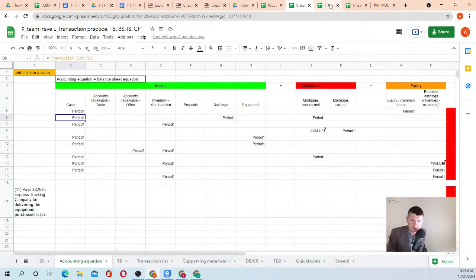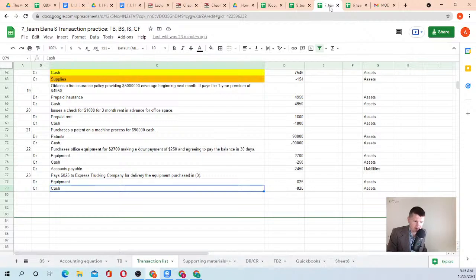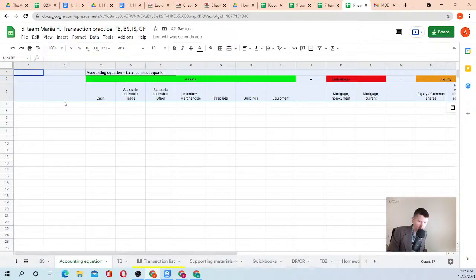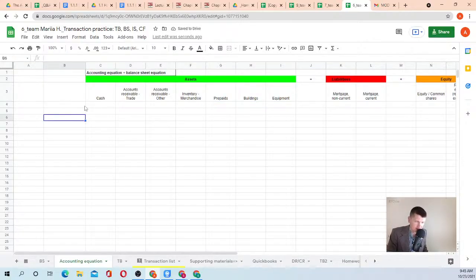Okay, it already copied here. And you do that for yourself up to the point where you feel you understand the concept. You don't need to do that for every transaction. So on your sheet, if you already got the concept, you don't even need to practice that.